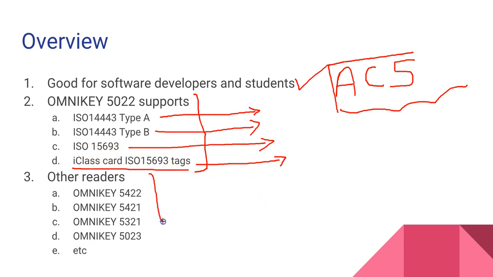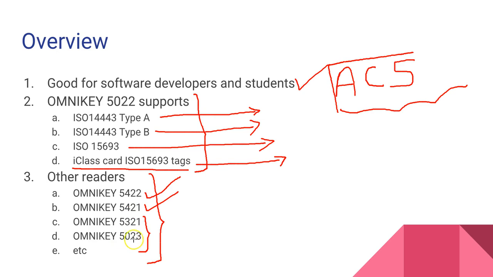Some of the other reader writers that you can buy from HID are the 5422. I do have this reader writer with me. The 5421, I have played with this, and these two readers I have not used myself. But one thing I know is the 5321 and 5421 are more or less similar. Probably the 5421 has a little bit more features than the 5321.